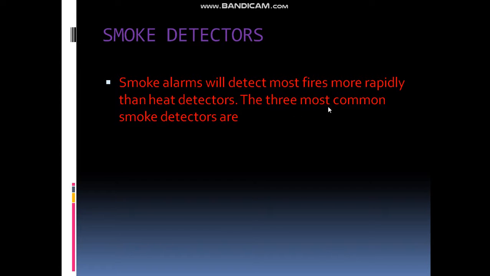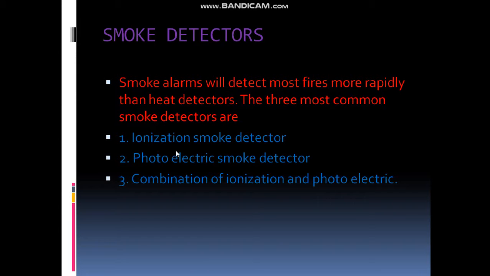The three most common smoke detectors are the ionization smoke detector, the photoelectric smoke detector, and a combination of both, that means a combination of ionization and photoelectric smoke detectors. Generally these smoke detectors are also heat detectors, but smoke detectors respond more rapidly than heat detectors.